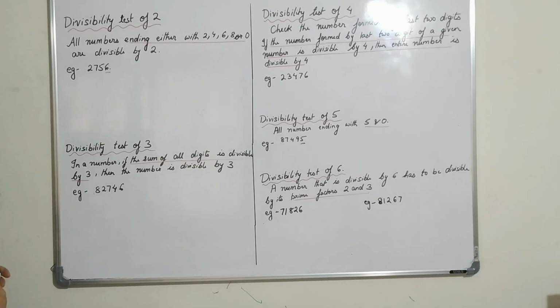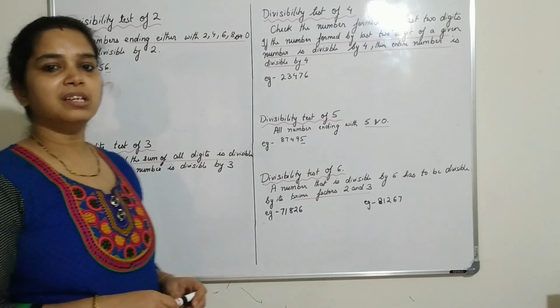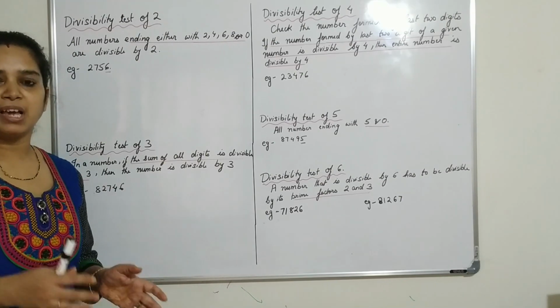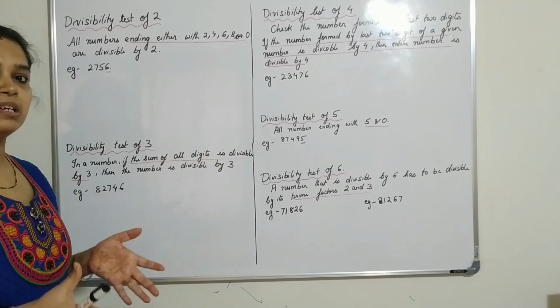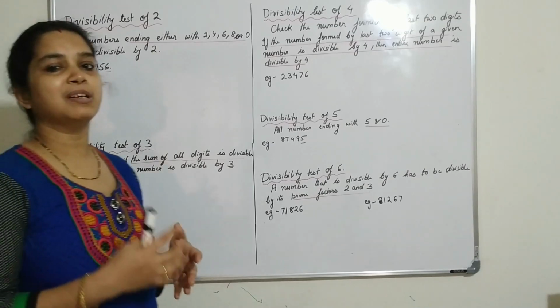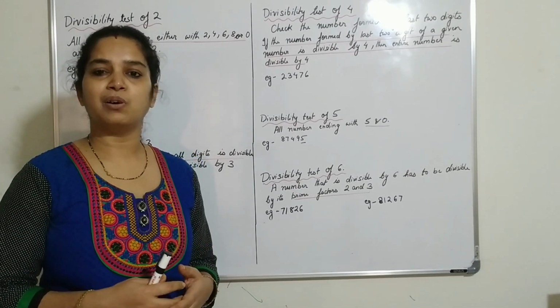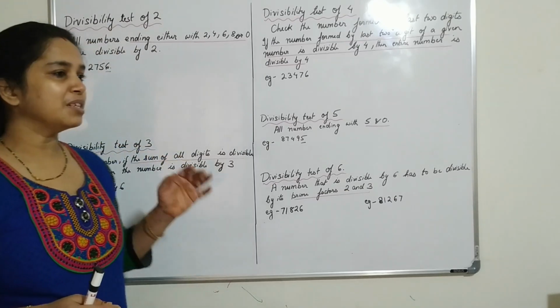So, the divisibility test of 2. What is a divisibility test? We have to see whether a large number is completely divisible by 2, leaving no remainder. We can do it very easily.